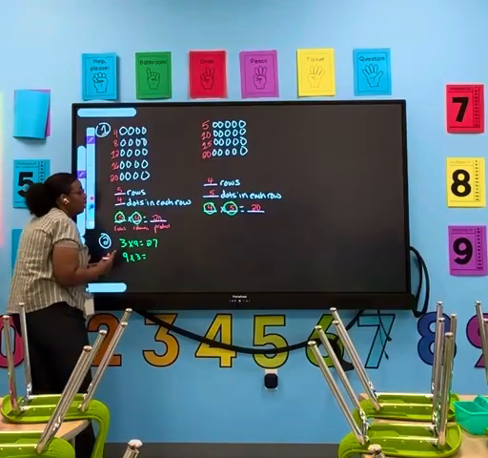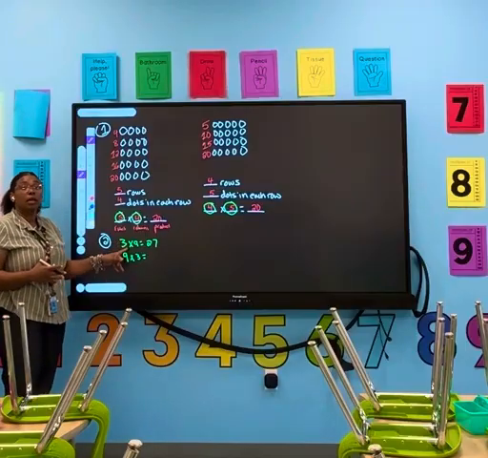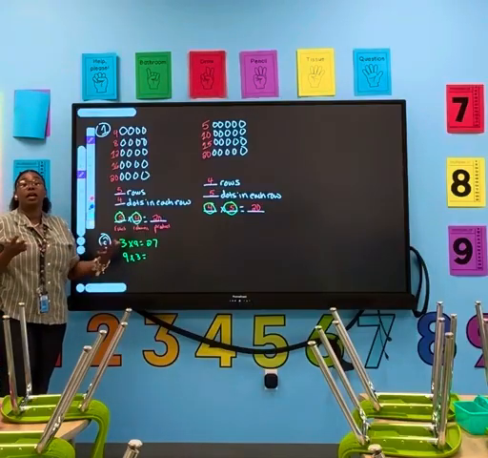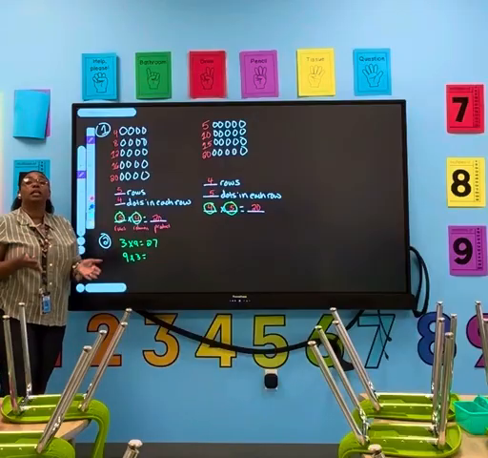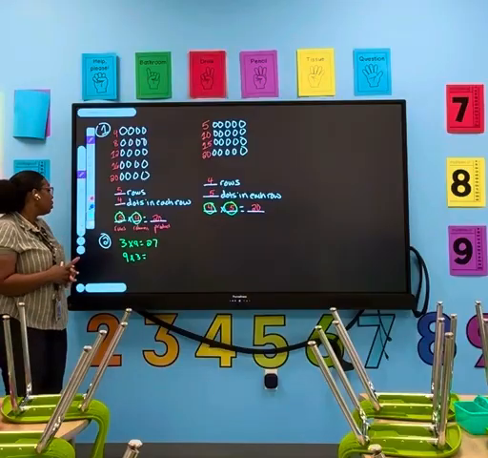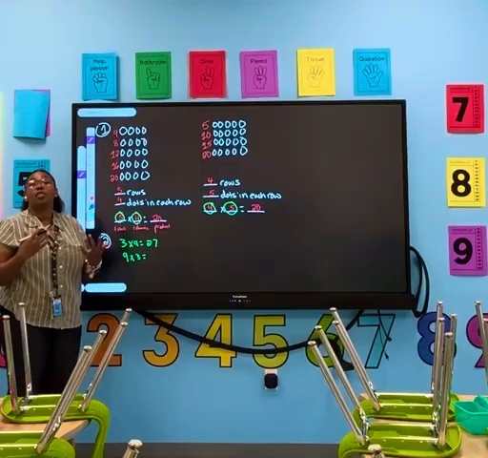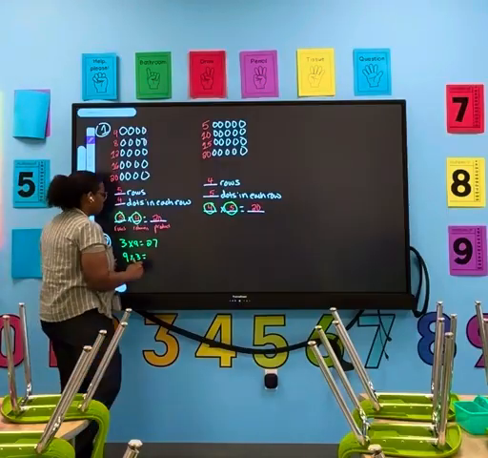Well, we already know what that answer is going to be because it's the same factors. It's still 3 and 9. Yes, the order changed, but that doesn't mean the product will change because we're using the same numbers. So that's how we know. We know because they have the same factors.